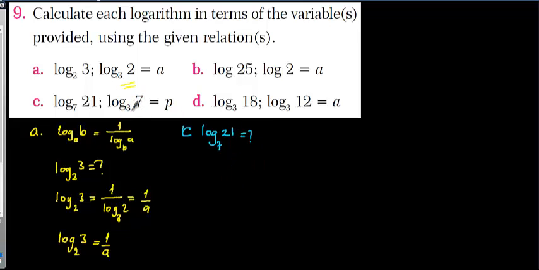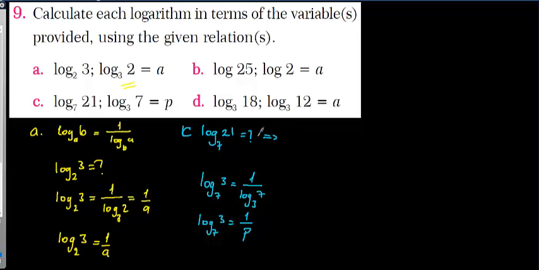Here the base is 3 and the argument is 7, and I will replace this as logarithm base 7 of 3. It's going to be equal to 1 over logarithm base 3 of 7. So logarithm base 7 of 3 is equal to 1 over p.